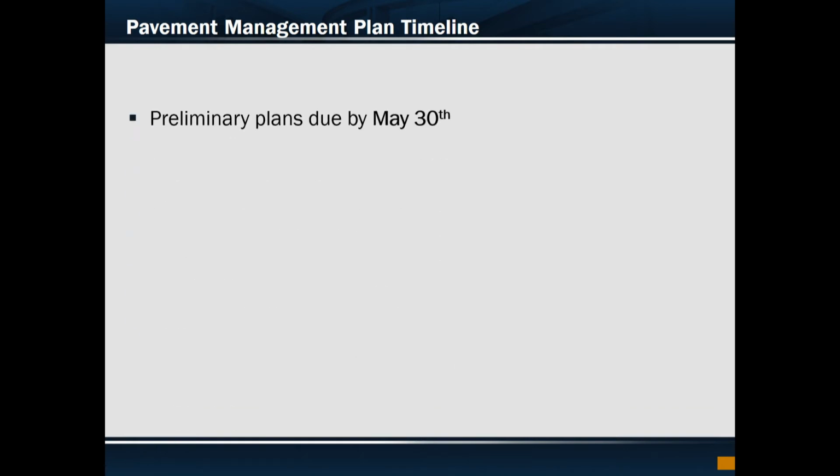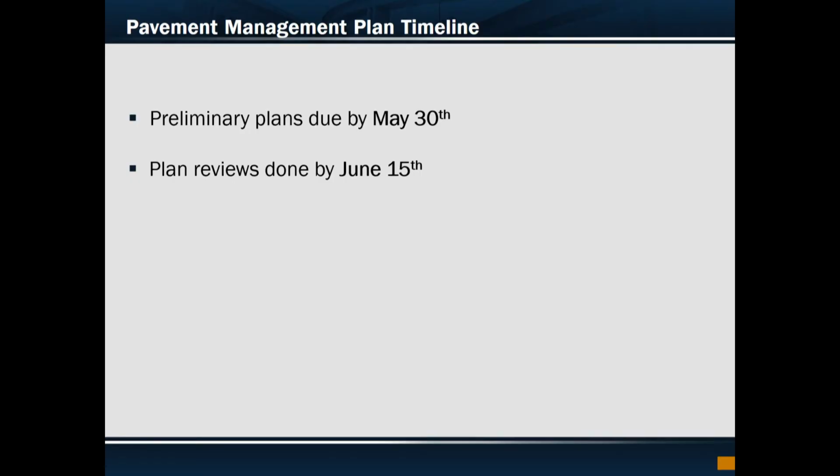Normally, this full-year plan is required every year for every district. They normally start working on the plan in January. The preliminary plan is due by the end of May. Starting the first two weeks of June, all the districts need to bring in their full-year plan to one of the committees for review.